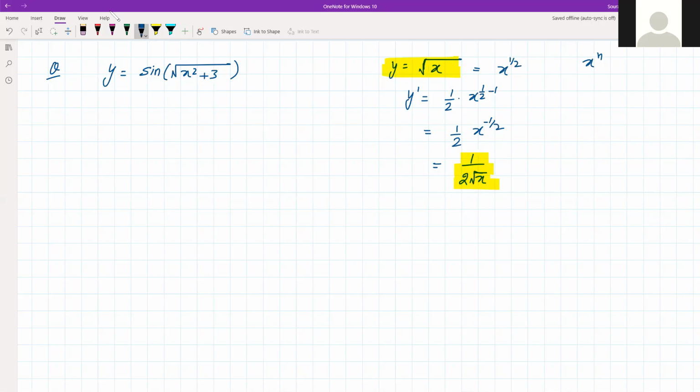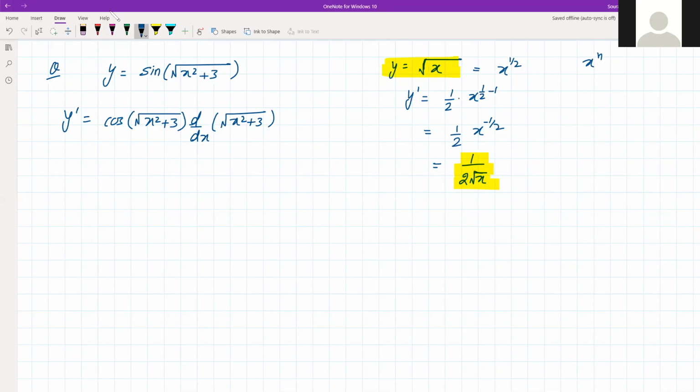So now what will be y dash here? The first step, you have to differentiate the outermost function. Outermost function is sine function. So its differentiation will be cos of whatever is there inside, as it is you have to write. And then what do we have to do? We have to differentiate the second level of the function, that is root of x square plus 3.